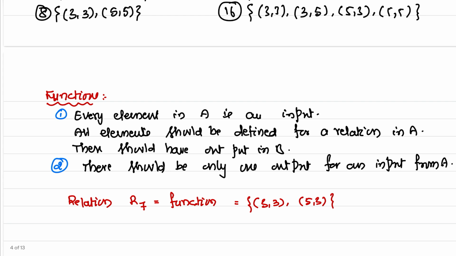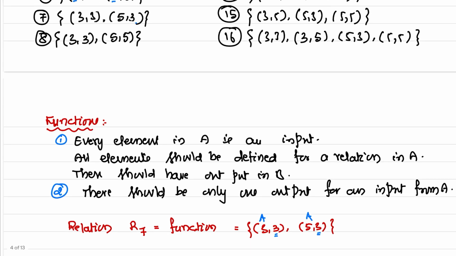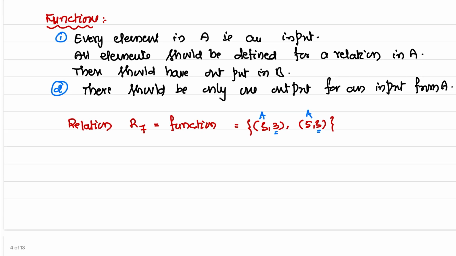Both elements of A, 3 and 5, are defined, and both have outputs. A single input does not have multiple outputs, and all the elements have an output. The output can be the same, there is no problem. R7 is a function. Now, let us talk about R8.